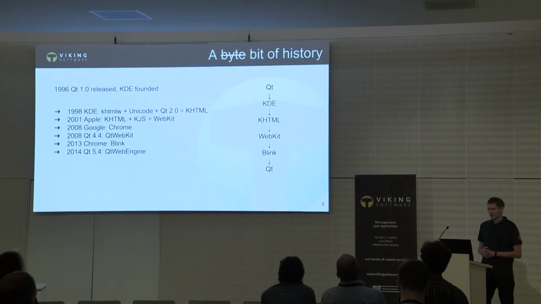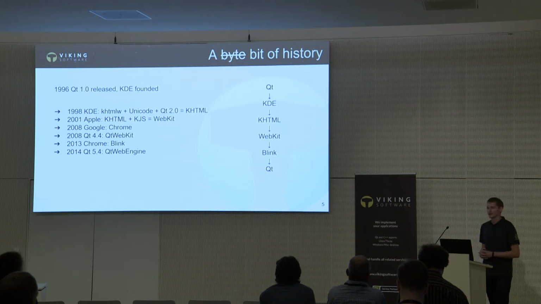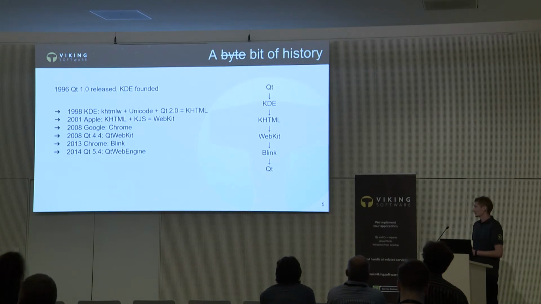At some point, Google decided that there were too many independent developer teams with different approaches and different goals, and it was time to make a new fork. They started the project with the codename Blink, which is currently the base for Chrome and the Chromium project, and it's wrapped in Qt as Qt WebEngine.